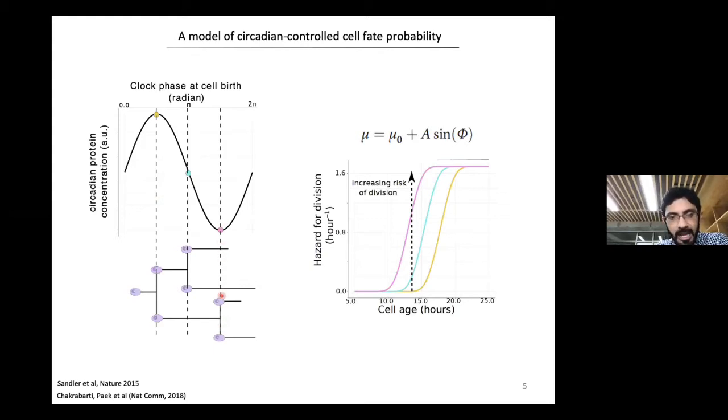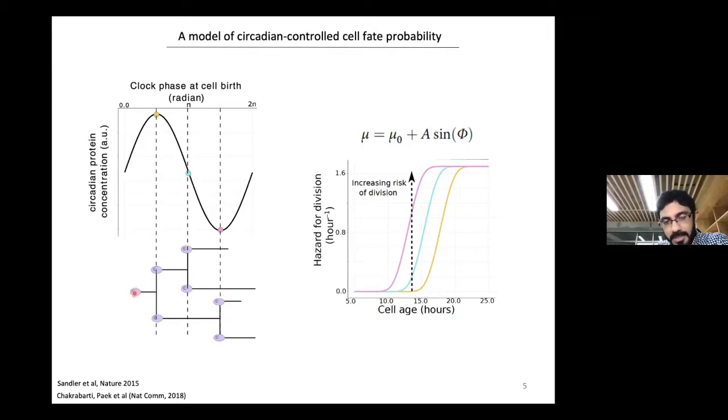Whereas if you have cousins, so this cell and this cell, these are cousins, they are going to be born at roughly similar phases of the circadian clock, but not exactly the same phase, as I'm showing you here, okay? What that will mean is that the rate of division of the cousin cells will be similar, but not the same. As a result, you'll get some correlations among cousin cells.